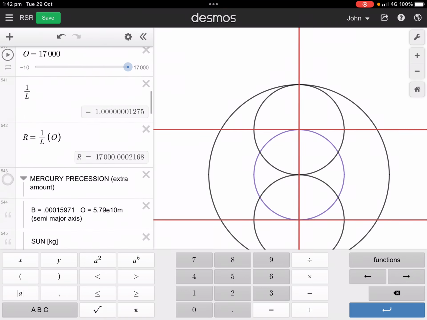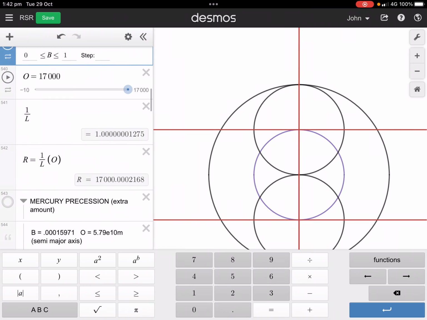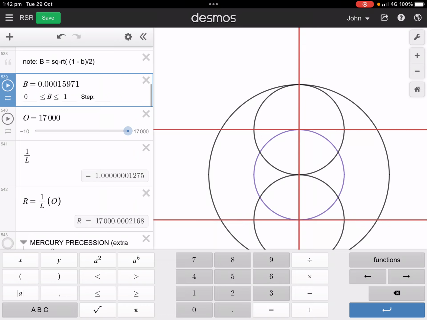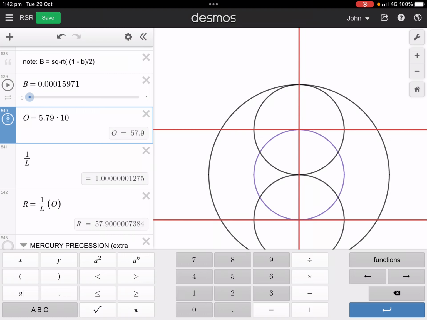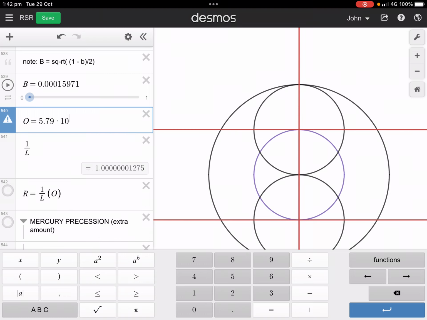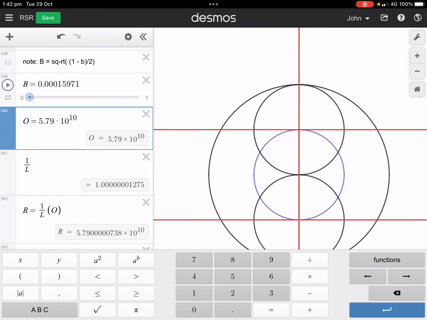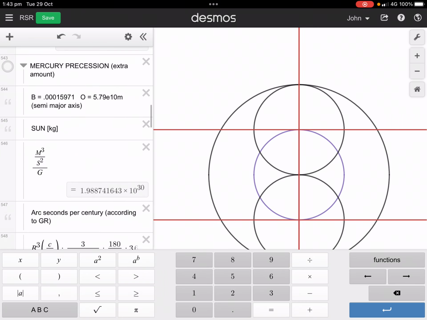And then you put in the semi-major axis, 5.79 to the power of 10, and then you check it out.